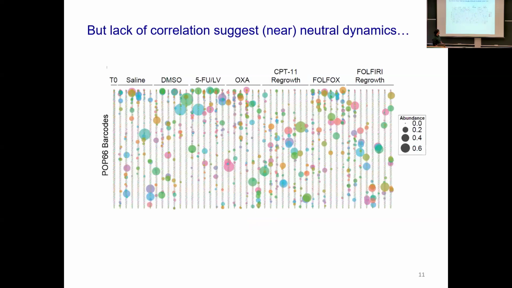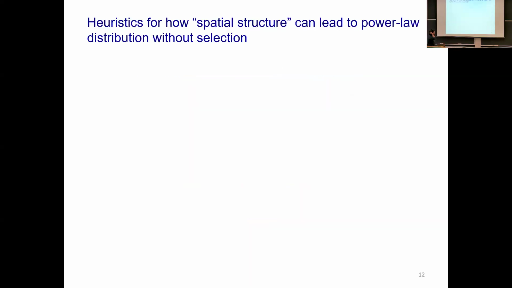So coming back, remember, there's no selection. We want to write down what I'm going to call neutral dynamics or equipotent dynamics. I think there's a simple intuition. How do you get selection when there is no selection? You want to reduce competition somehow.